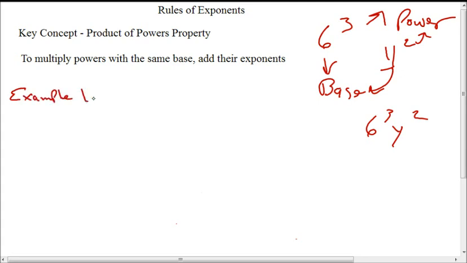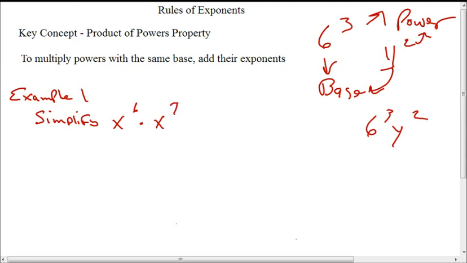So the first example we want to look at, we want to simplify x to the 6 times x to the 7.